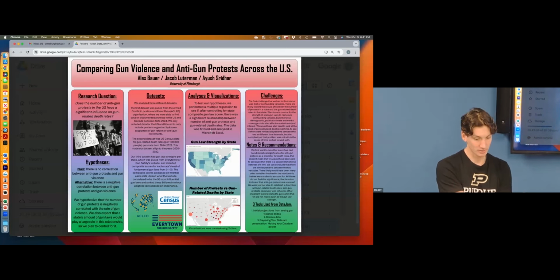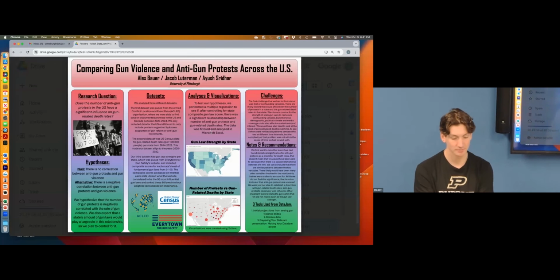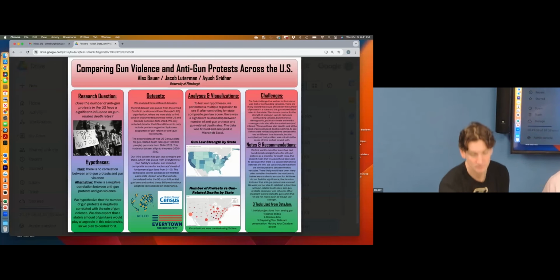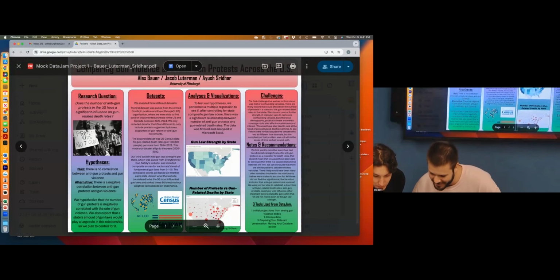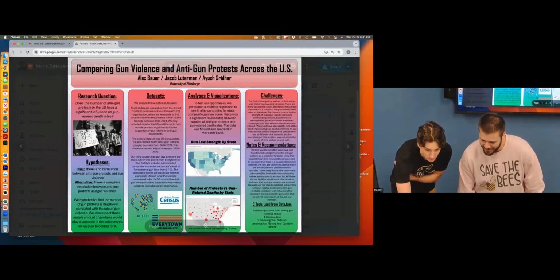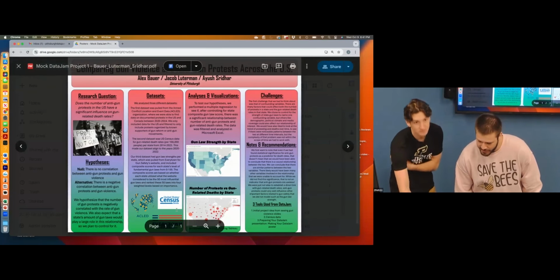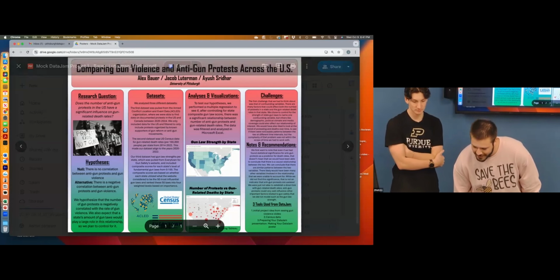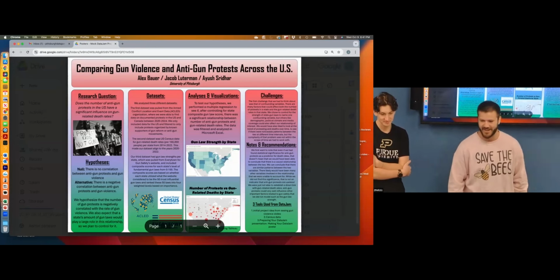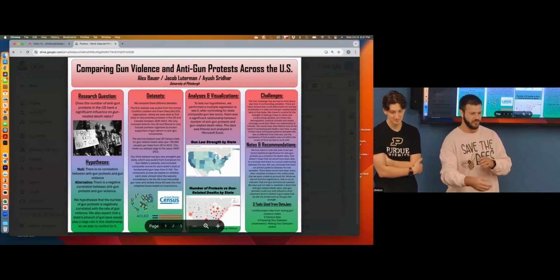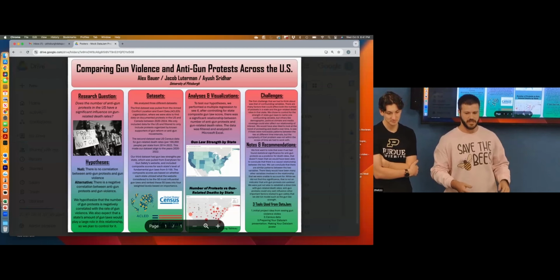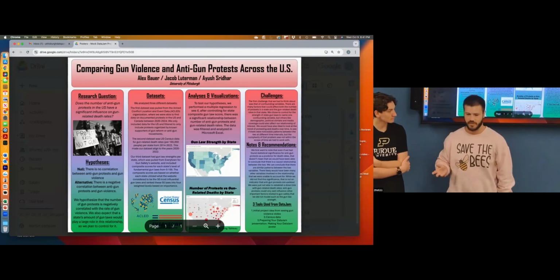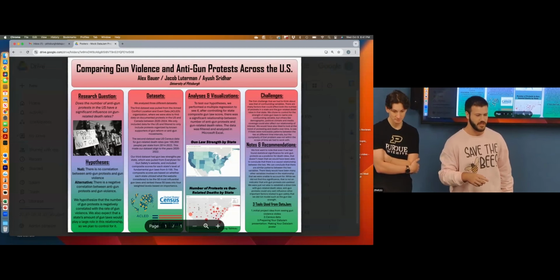Do you want to go over where we got the data sets from? So to find data on the actual protests, I found a really big data set from the Armed Conflict Location and Event Data organization, who had this really nice large data set on not just protests in the US, but also in Canada, which we ended up cleaning to be just the US.